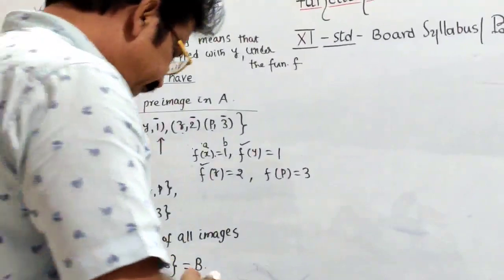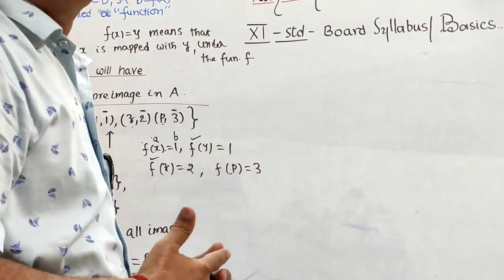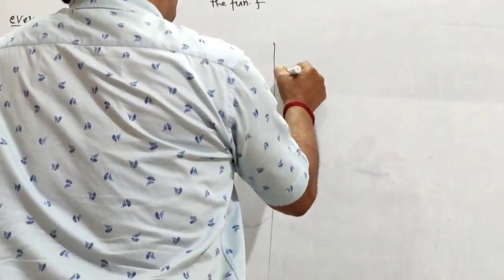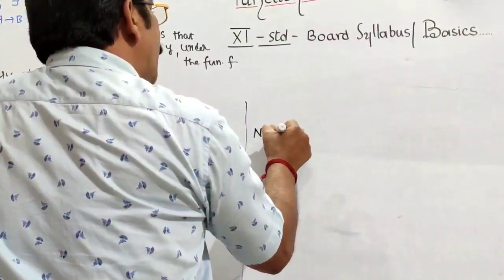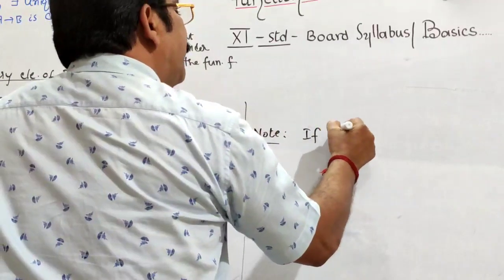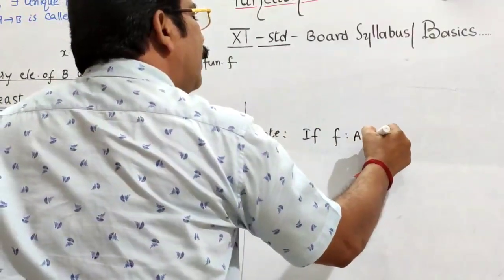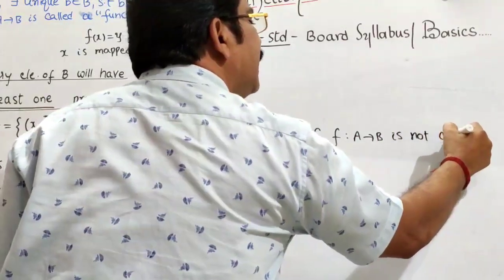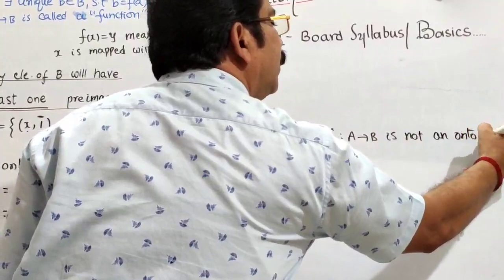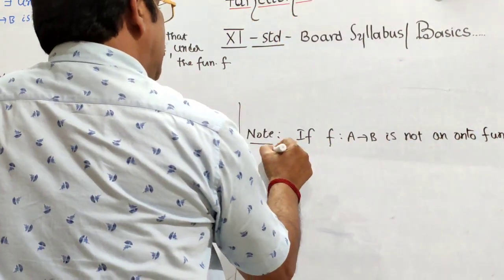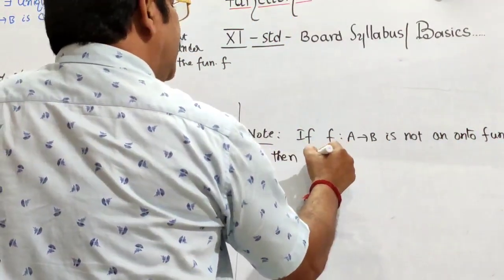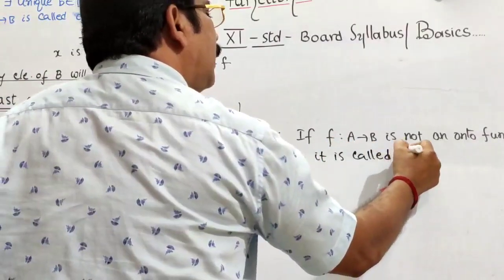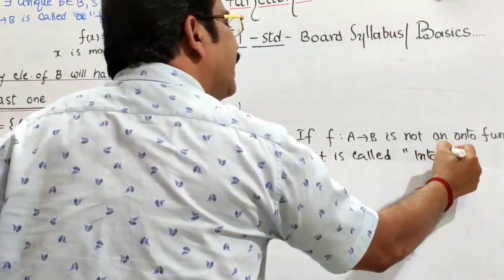Later, if f is not an onto function, then it is said to be an into function. I will write one sentence, or note, we can make a note: if f from A to B is not an onto function, then it is called into function.